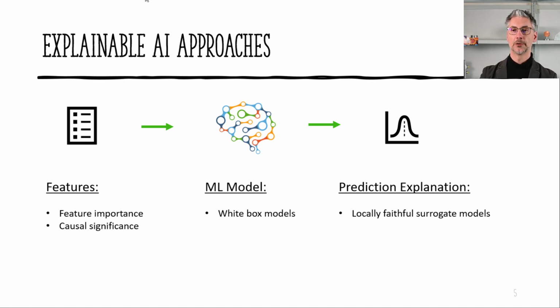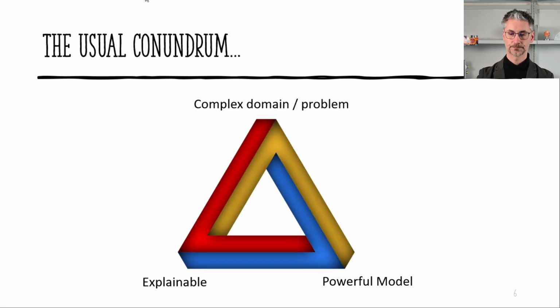That means that we don't understand how the model itself makes all the decisions, but we can build a sort of approximate model around each decision and understand this. It's the usual conundrum, really. We have a complex domain, a complex problem, so you want a very performant machine learning algorithm. These tend to be black box models, but they should also be explainable.